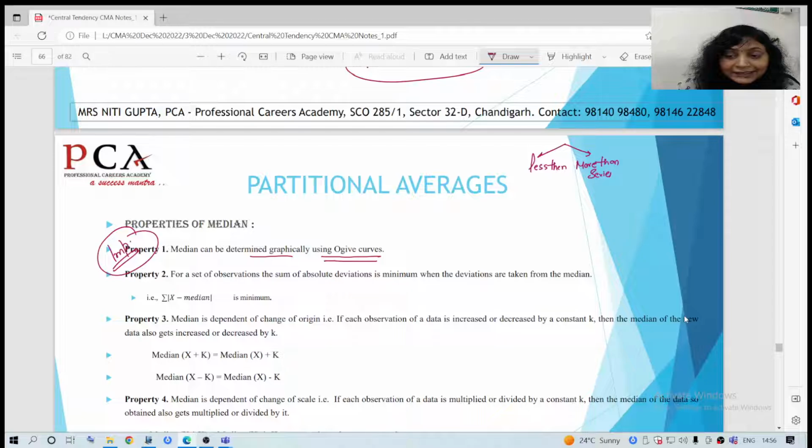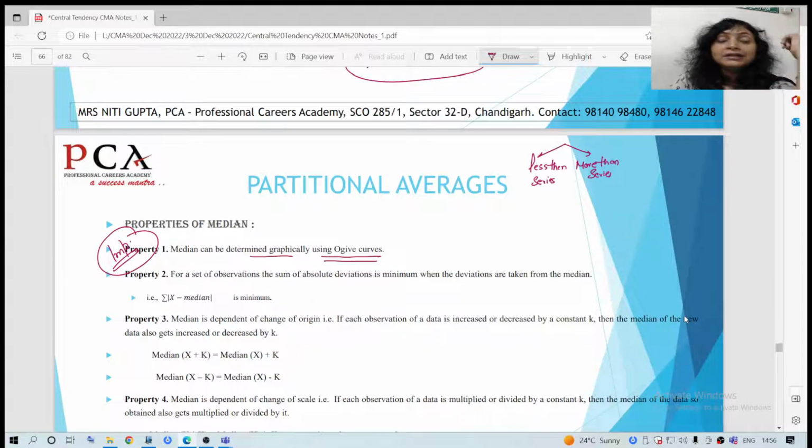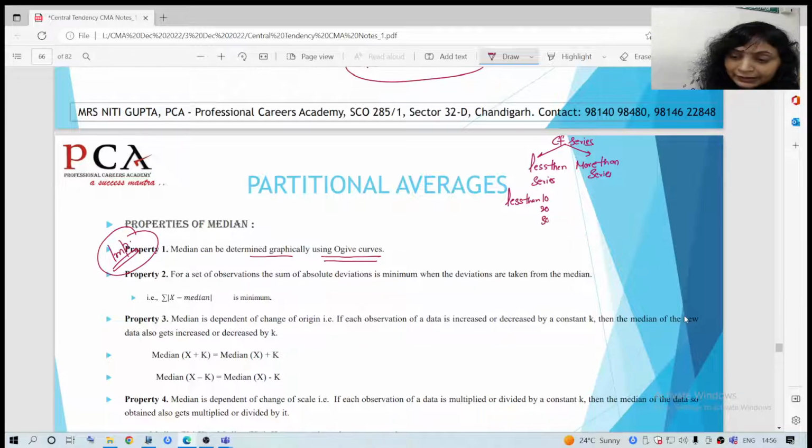Less than is always in ascending order: less than 10, 20, 30, 40, 50. Suppose the frequencies are 5, 12, 20, 30, 45. Now this is my less than series. More than series is always in descending order.